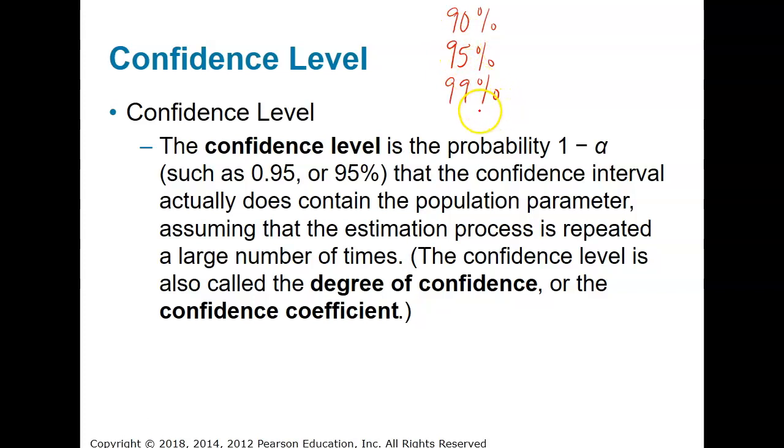If you're testing some kind of medicine that could have potential life or death effects, then 99% or even higher might be necessary. So your level of confidence is in a lot of ways tied to whatever you're working with in your study. Our confidence level is 1 minus alpha.